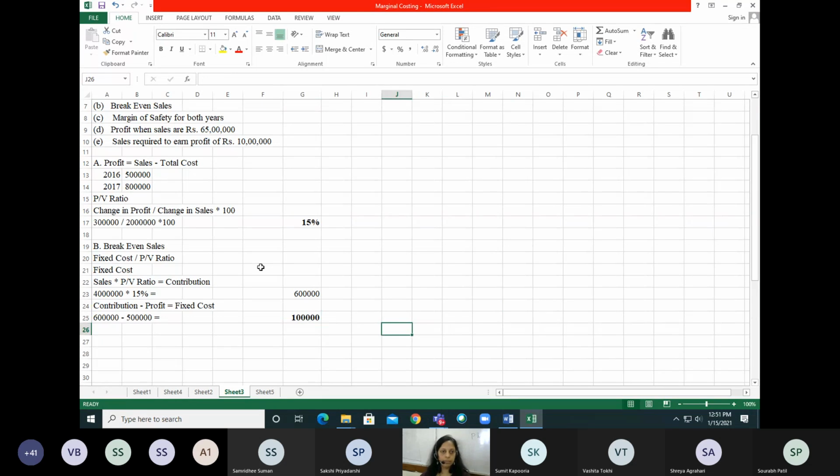Have you followed this? Yes, ma'am. Now you have to find out break-even sales: 1 lakh divided by PV ratio. Always take it in points, 0.15. 1 lakh divided by 0.15. Ma'am, 6,66,666, something like this.